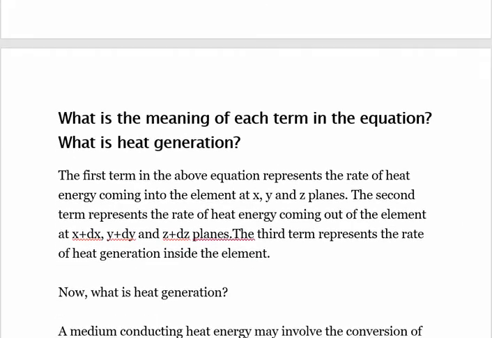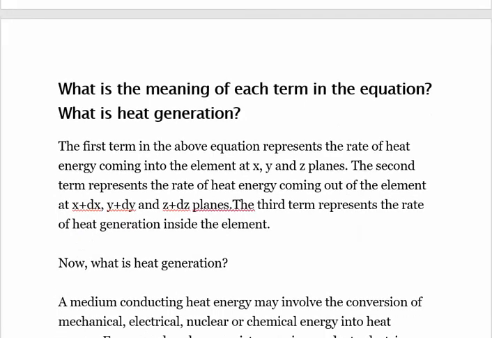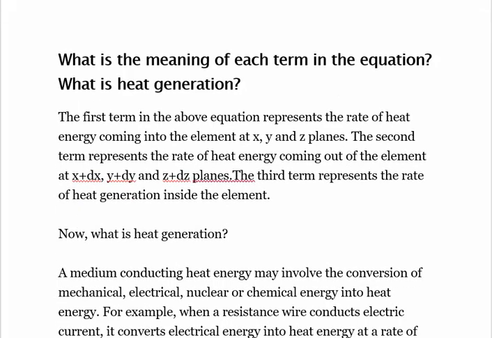Let's start with the meaning of each term in the equation. The first term in the above equation represents the rate of heat energy coming into the element at the x, y and z planes.